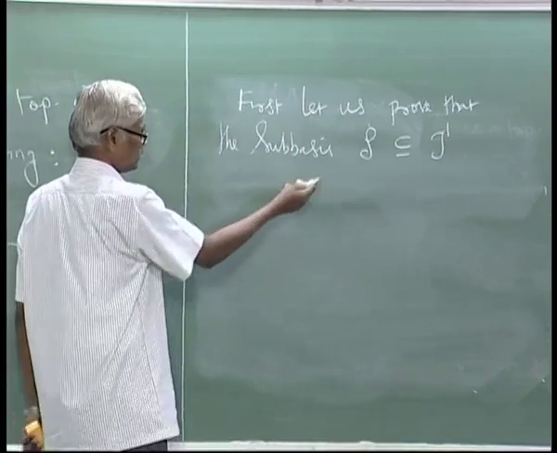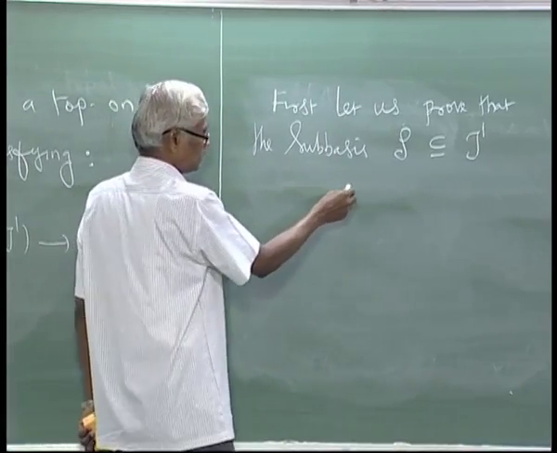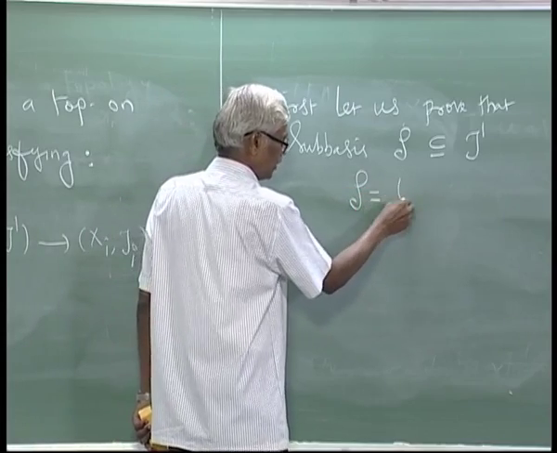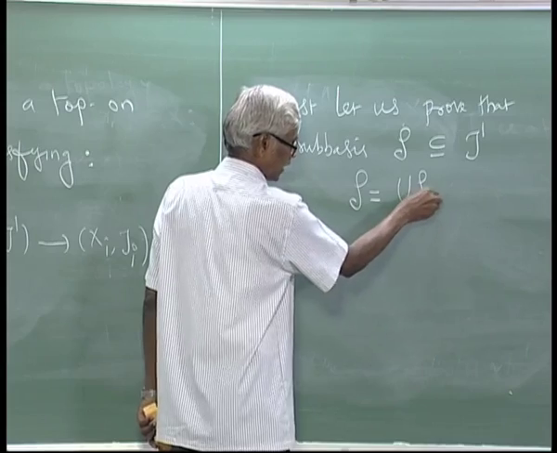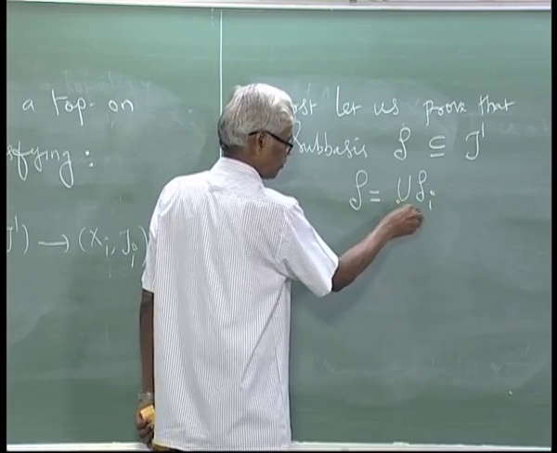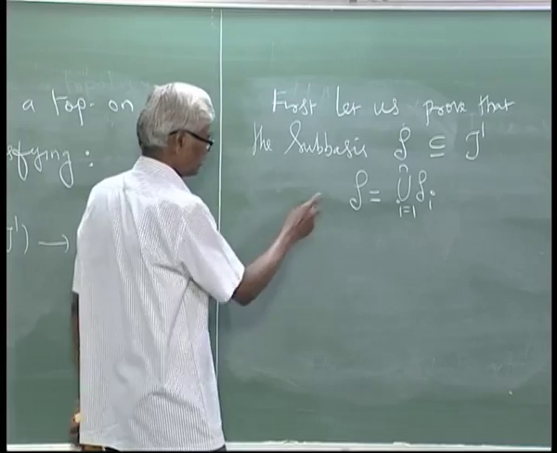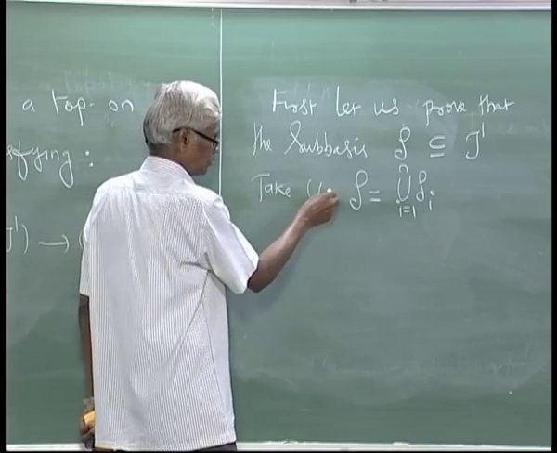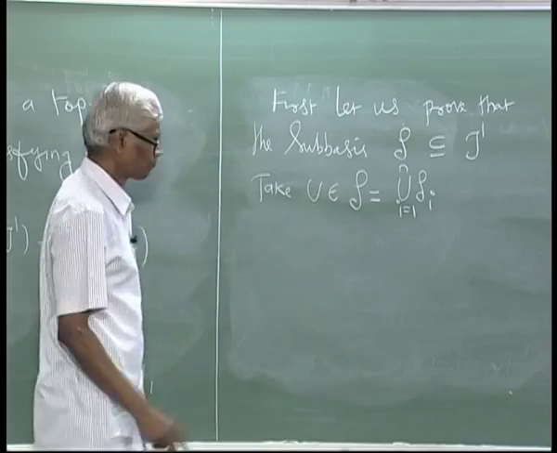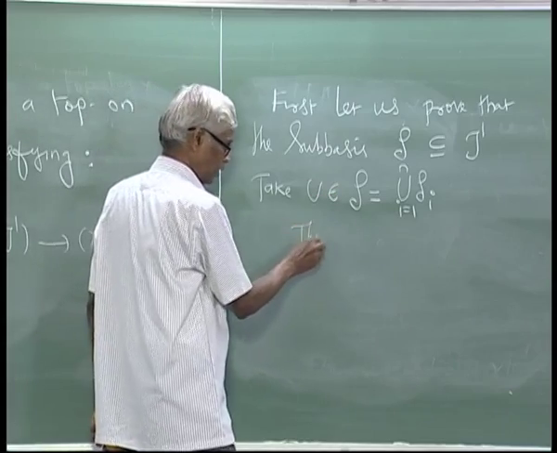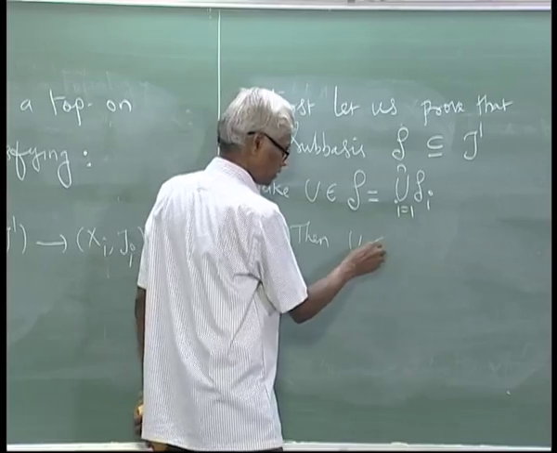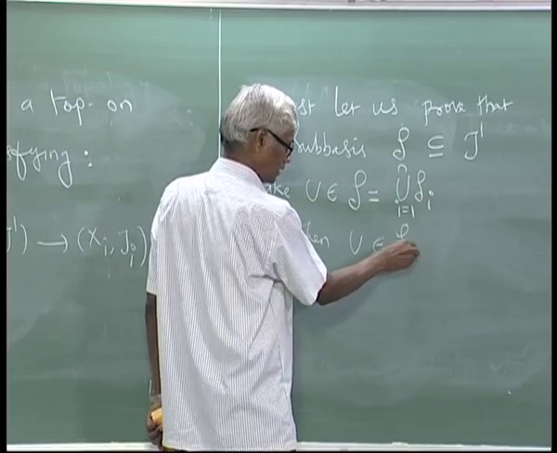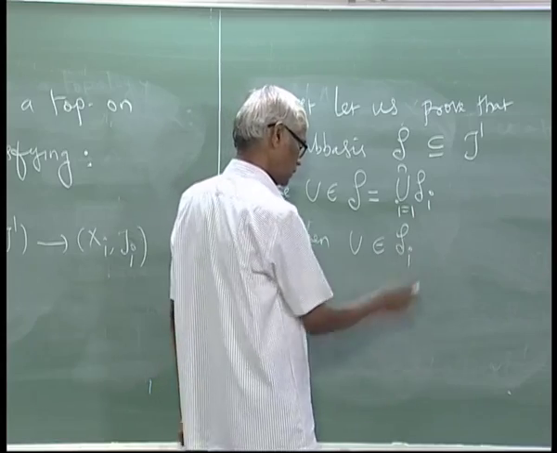So, what is S? S equals the union of S_i, i varies from 1 to n. So, take U belongs to S, then U belongs to at least one S_i. But what is this?